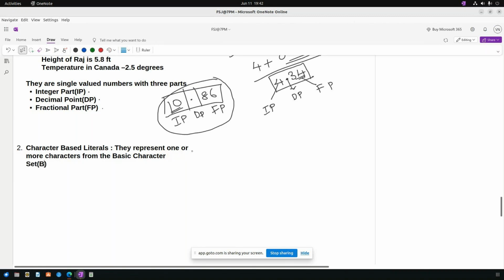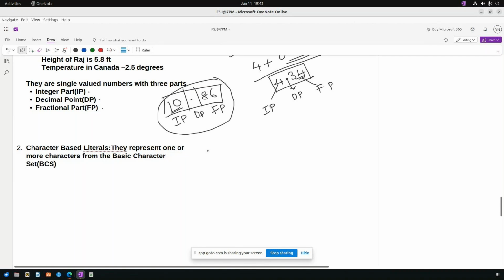See, whenever you try to build any programming or anything as such, you have to totally depend on the basic character set. So when I'm saying basic character set, what do I mean here?